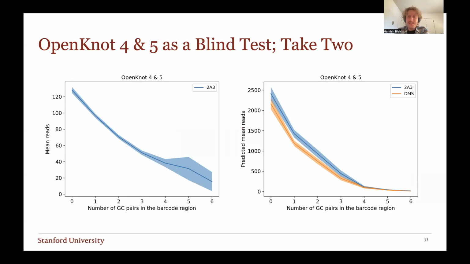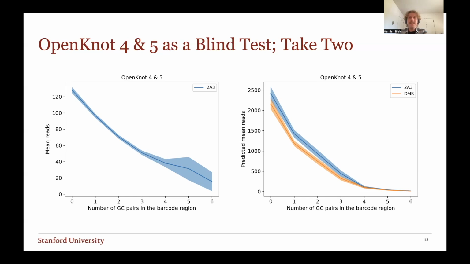And on the right, I've shown the same trend, but using the predicted reads from RibonazaNet-Drop instead of the experimental reads. And we see that RibonazaNet-Drop is able to recapitulate this trend of decreasing reads as we have increasing GC pairs, showing that it is indeed understanding something about the relationship between sequence and read count.